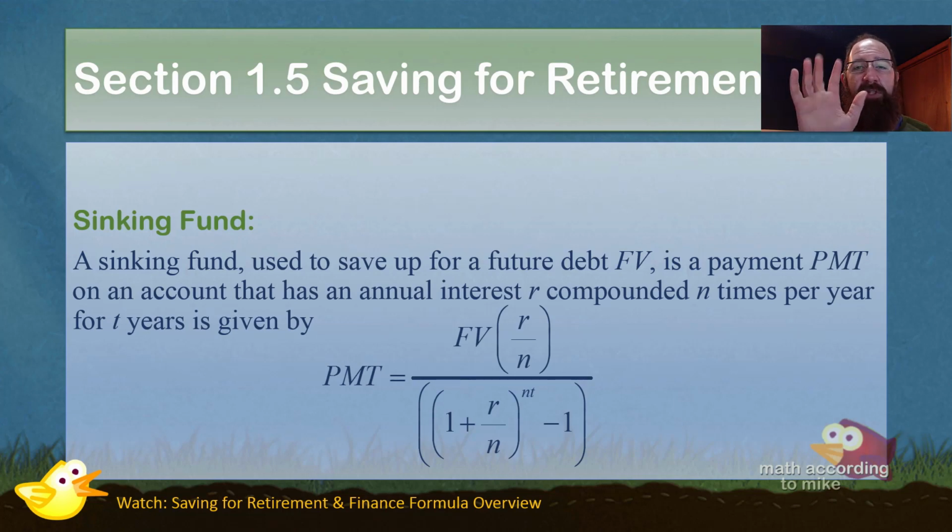For a present value of annuity, you put a lump sum away in the beginning, and as time goes on, you take little bits out. A sinking fund is you put pieces away as time goes on, and then you take out a lump sum in the future. Not the same thing.